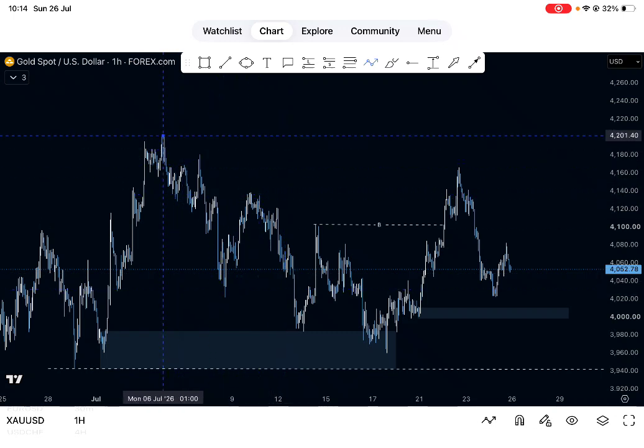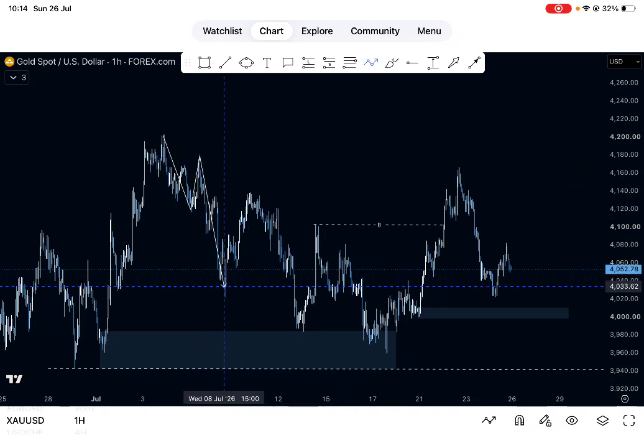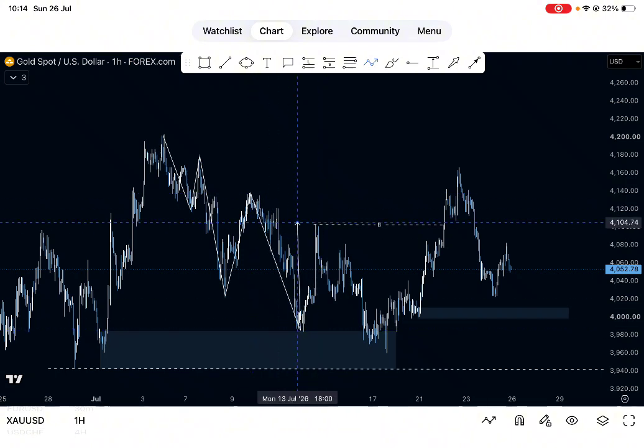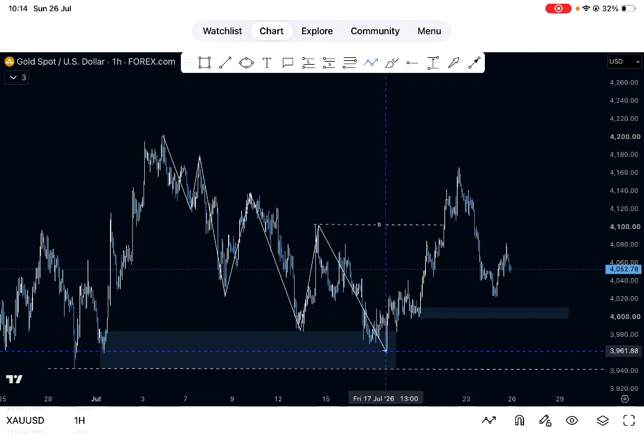This was a high, right? It made a low. This was a high, it made a low. It induced sellers, made a low, took liquidity, broke structure, made a low, and it tapped into the order block.